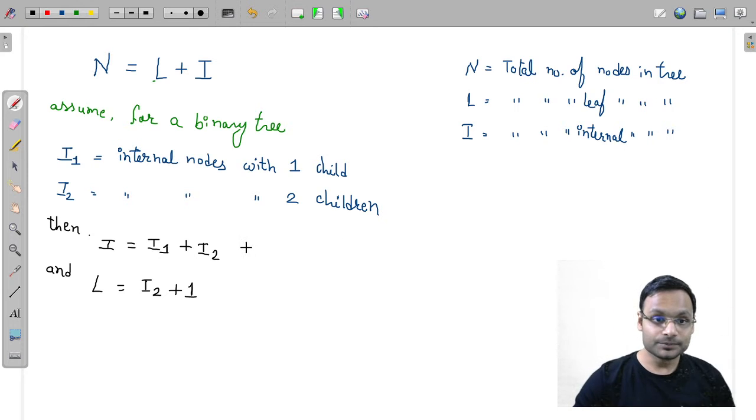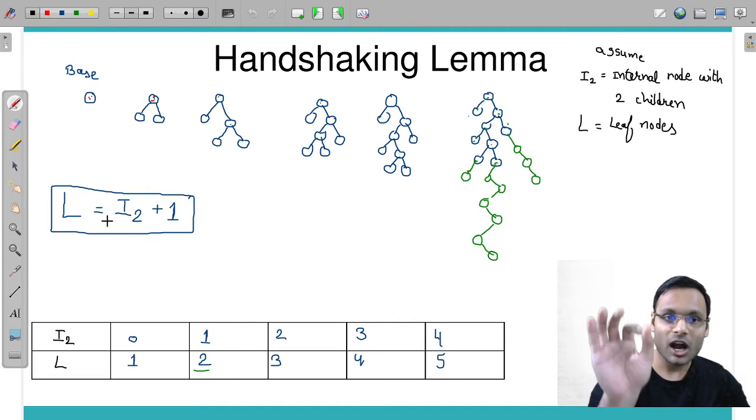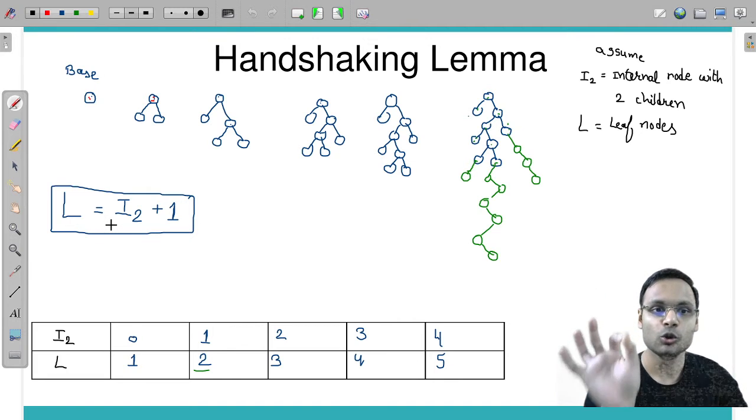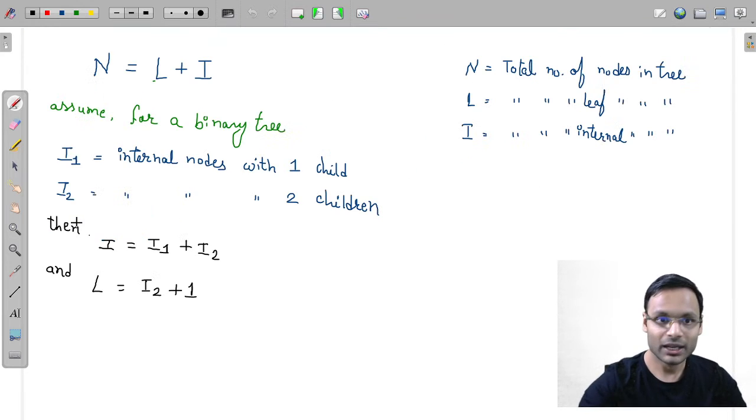Is that clear? Just now we have proved that the total number of leaf nodes depends only on those nodes which are having 2 children: 2-children internal nodes plus 1 is total leaf nodes. Here total leaf nodes is I2 plus 1, and total internal nodes are I1 plus I2.